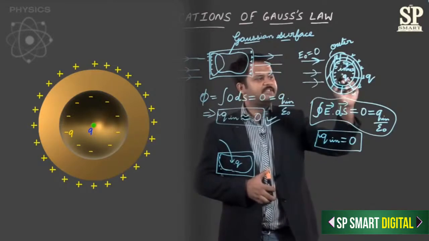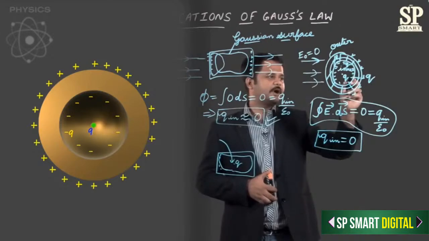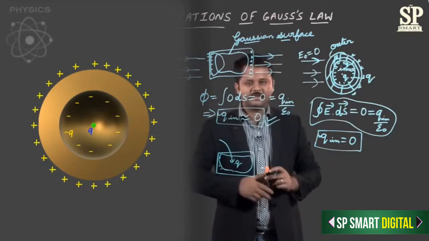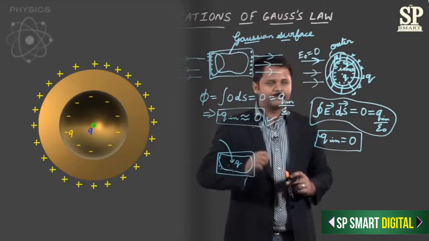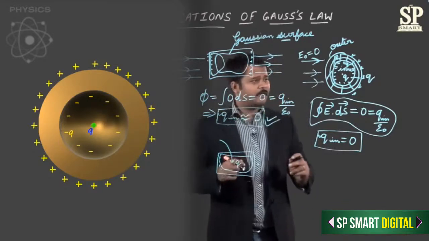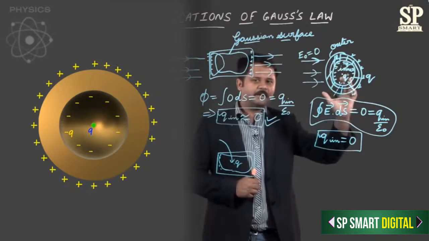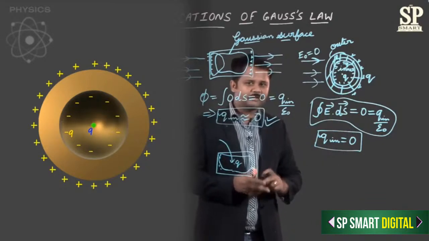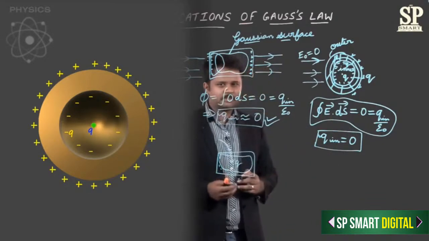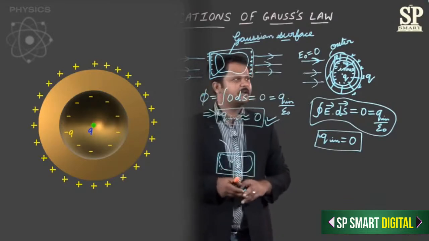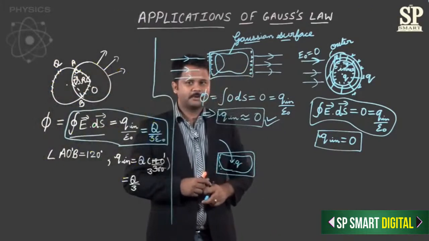So if we keep a charge q here, then minus q comes here and plus q comes here. It's like a redistribution that has happened, and this redistribution will always satisfy the fact that the electric field inside the conducting volume is always 0. So this is one of the very interesting results due to the Gauss law.